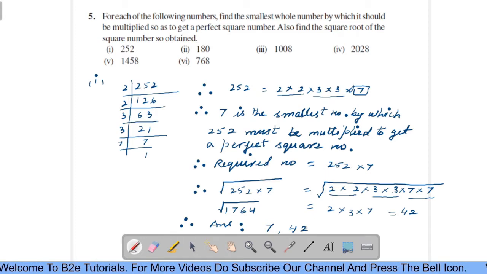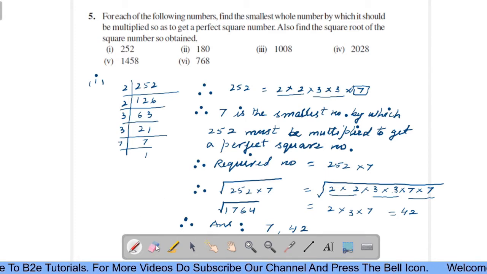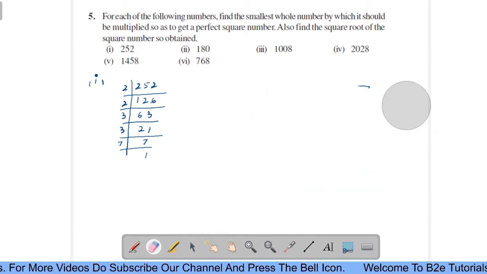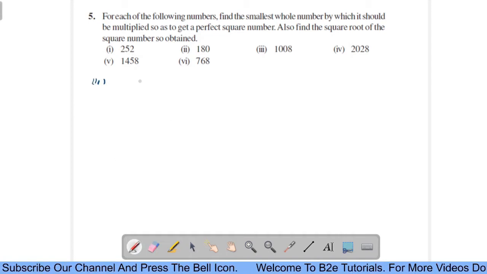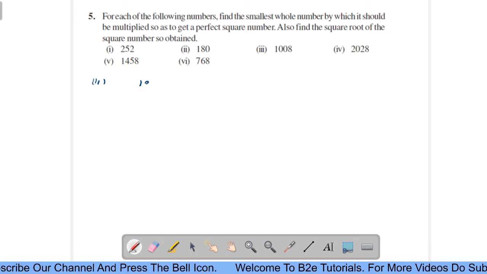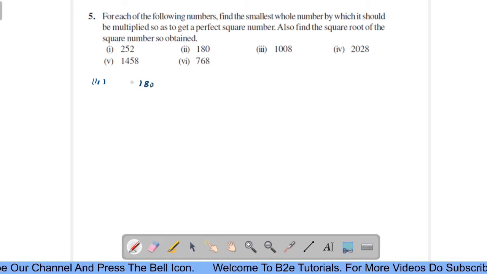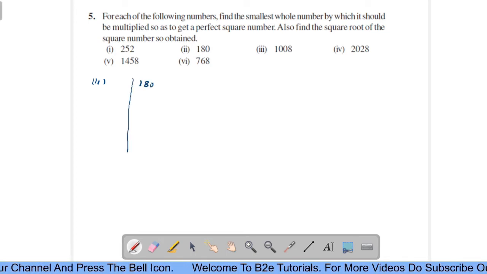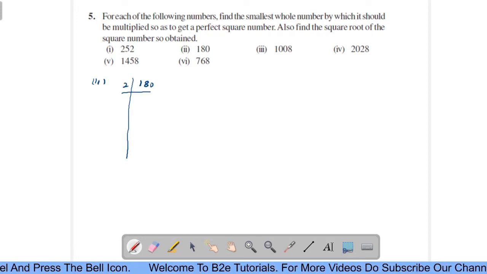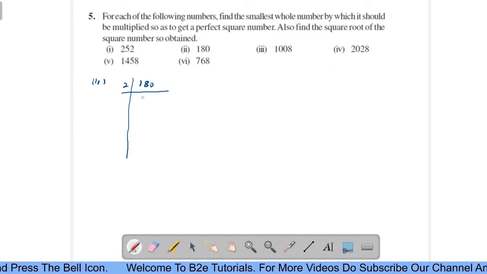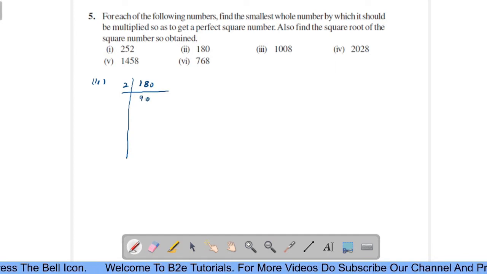Now come to second part. Second part is 180. Now find out prime factors of 180. Divided by 2, it will be 2 9 ja 18, 0.